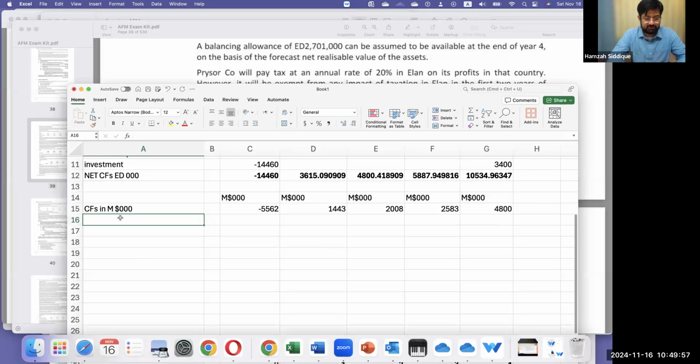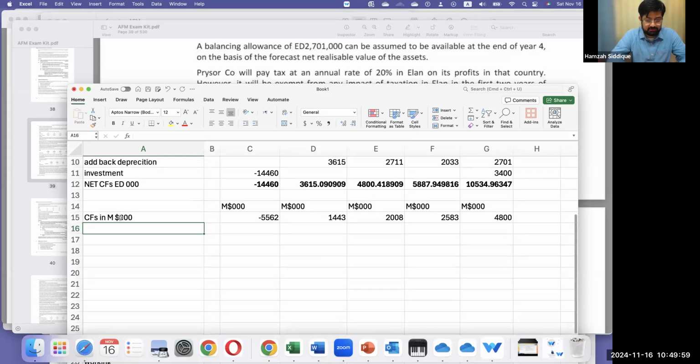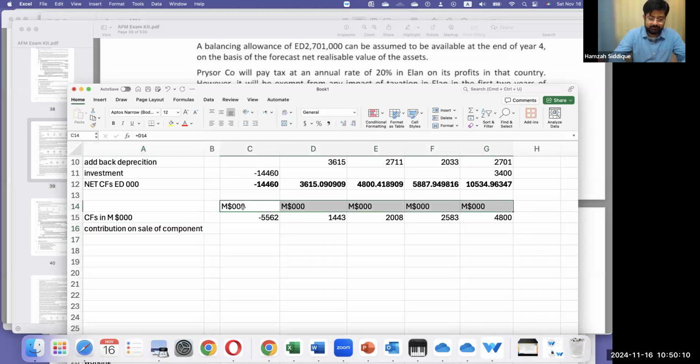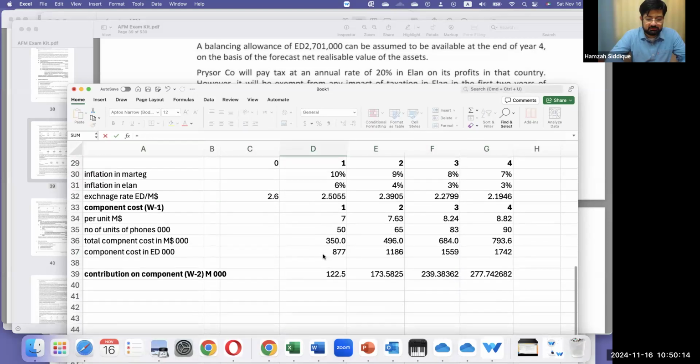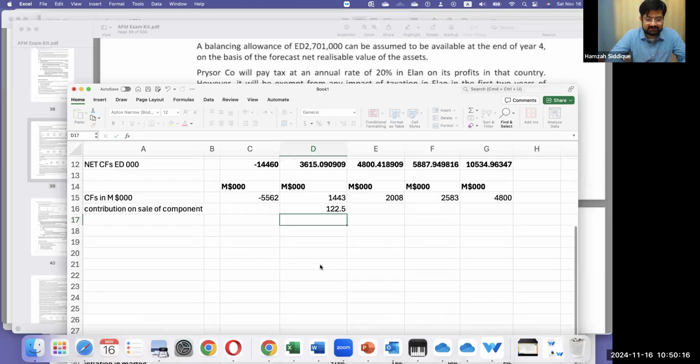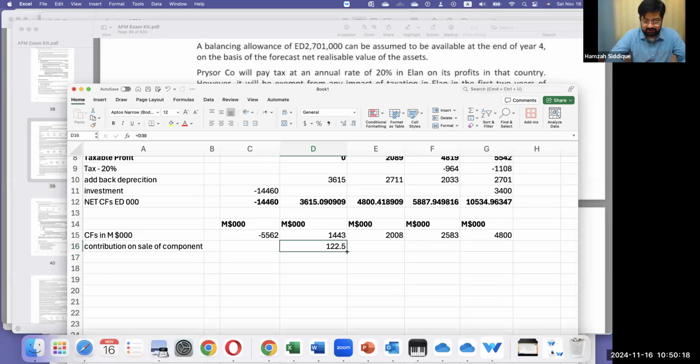So contribution on sale of component, that is equal to this contribution.